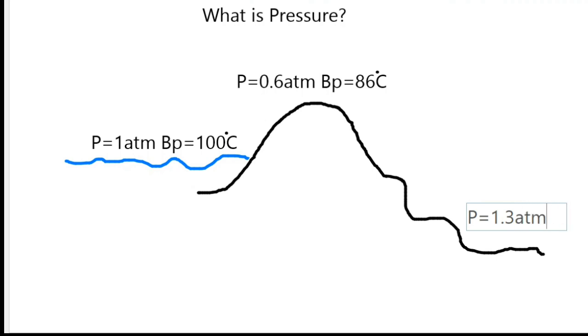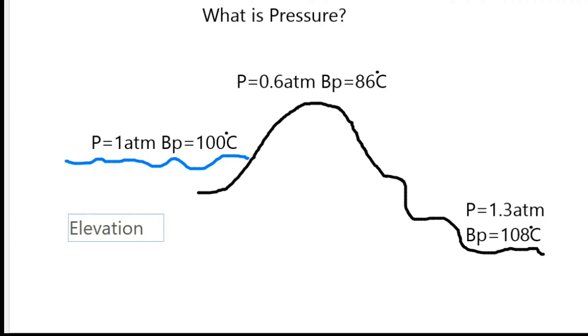If we're going down this hill, the pressure will increase, causing the boiling point of water to also increase. So this is how elevation and pressure relate to each other. The higher your elevation, the lower your pressure.